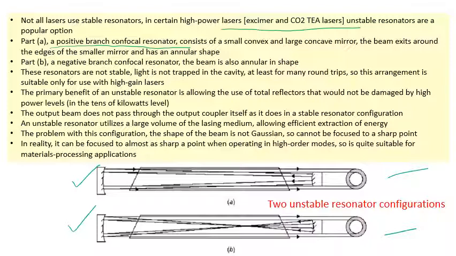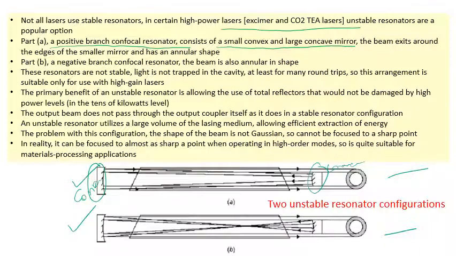Okay. So what does it consist of? First see, a small convex and a large concave mirror. Small convex and large concave mirror. Okay. This is the concave mirror. Okay. This is the convex mirror. This is big size, this is small size.